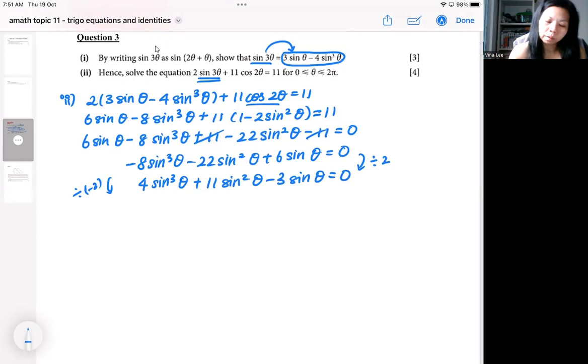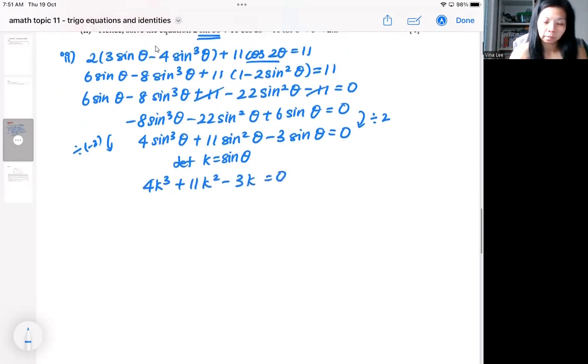At this point, some of you might like to do a substitution. Go ahead and do your substitution. At this point, it's not very difficult. You do need to do out a factorization.